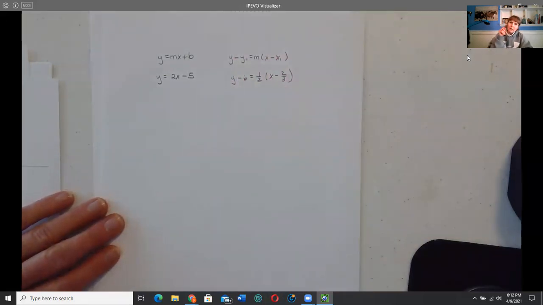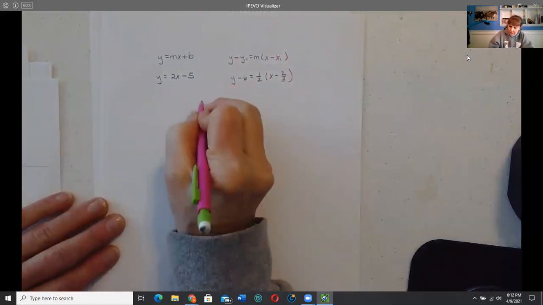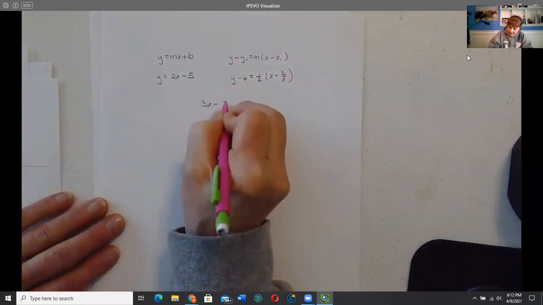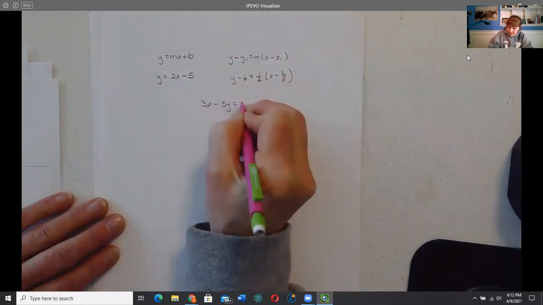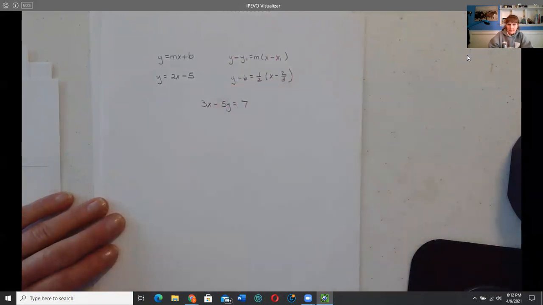All right, so again, looking at the characteristics of these equations, the main thing is the exponents on the x's and the y's. There are times where you may be given an equation that looks like this, equals 7.